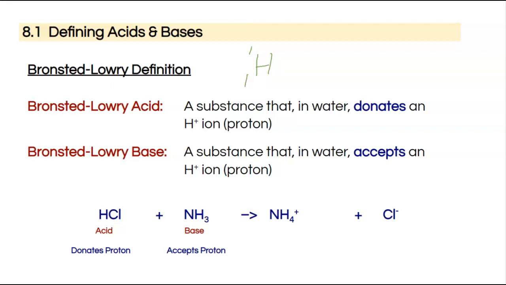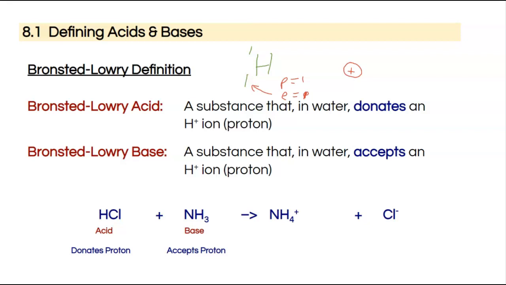What that tells us is that, if we were to draw a Lewis structure of our hydrogen atom, we would have our nucleus with 1 proton in it, right? Remembering that the atomic number refers to the number of protons and the number of electrons, in a neutral atom, of course.